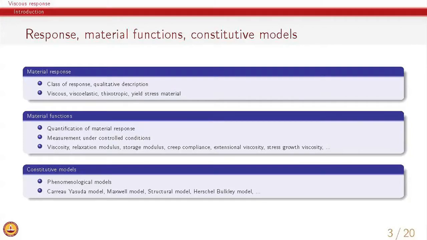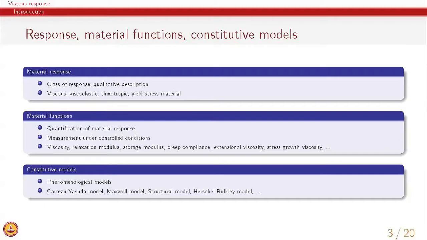Additionally, a further need of quantification is there in terms of having suitable models, because these models are phenomenological. They will incorporate terms which give us physical insights about how the response of complex materials behaves. So, it is important for us to not only define material functions and quantify the response, but also see whether, by adequate representation of the response by mathematical means, we can capture the behavior which is described by the material functions.